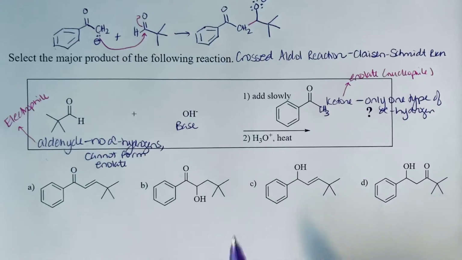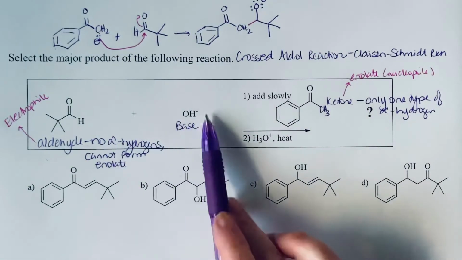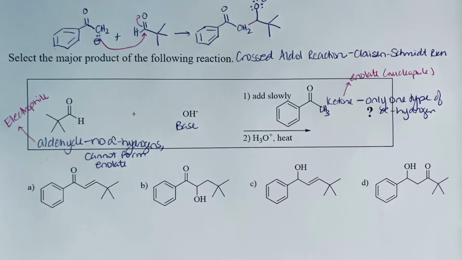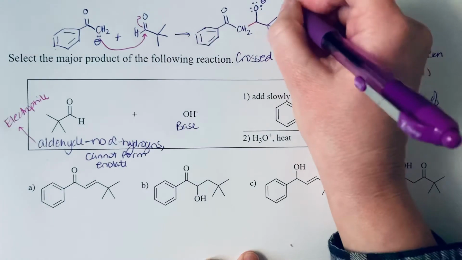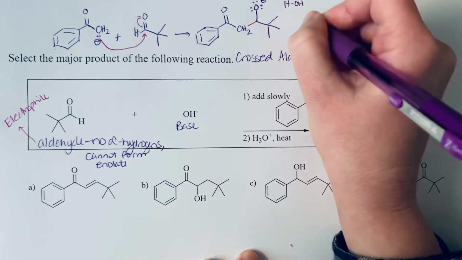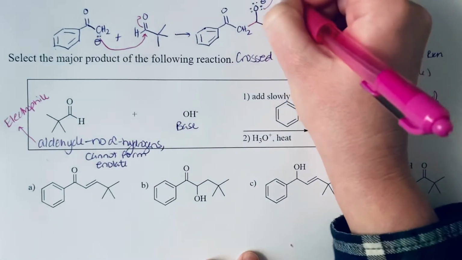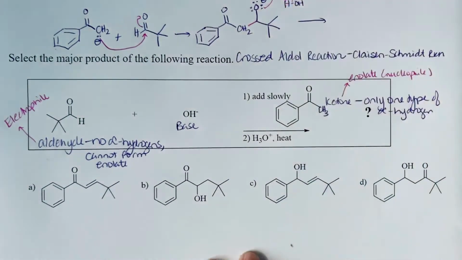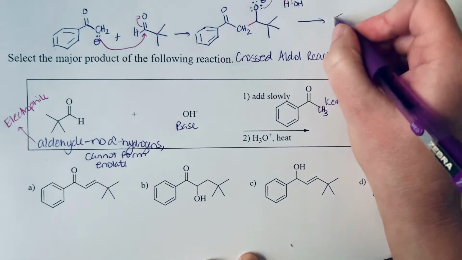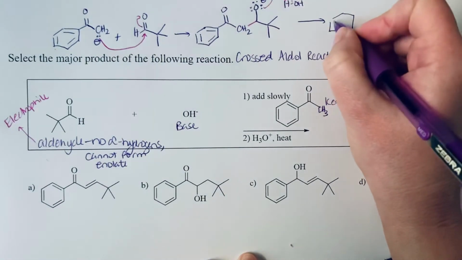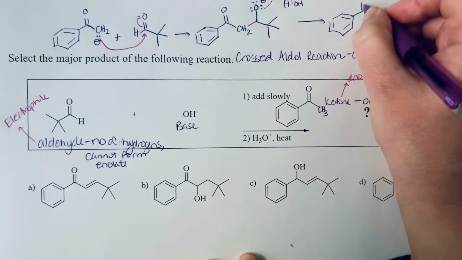If you're doing this first step with base, and your base is hydroxide, it's pretty safe to assume that is in the solvent of water. So you've got some water around, most likely, at least a small amount. So we can protonate that. And so you would initially get this aldol addition product.